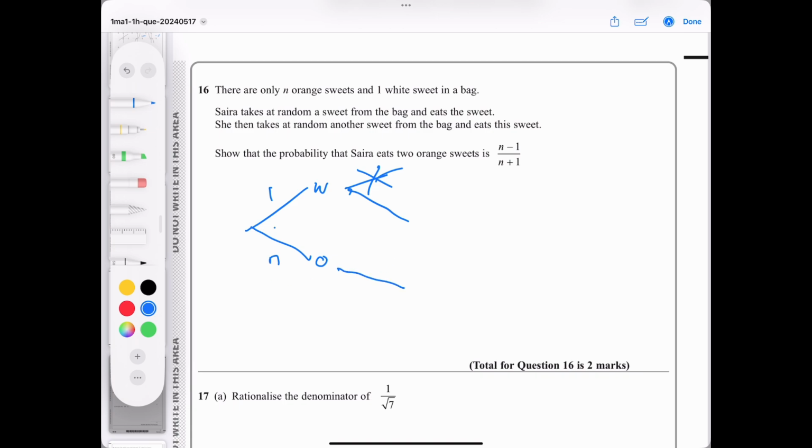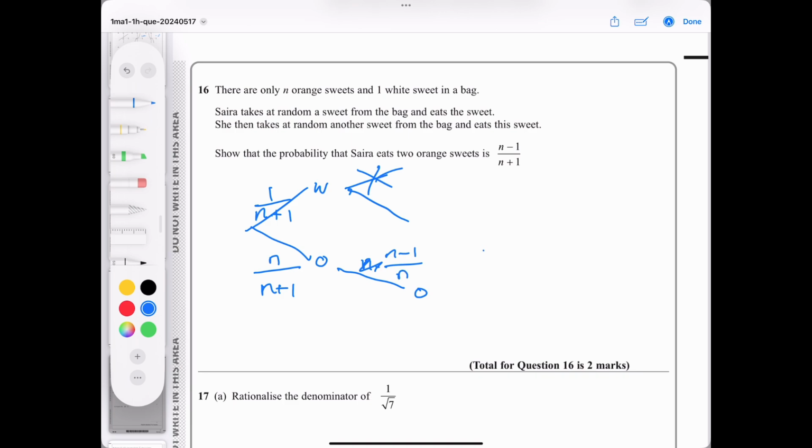So it's 1 over n plus 1. And that's n over n plus 1. And then you get rid of the plus 1. So to take another orange sweet would be n minus 1 over n.